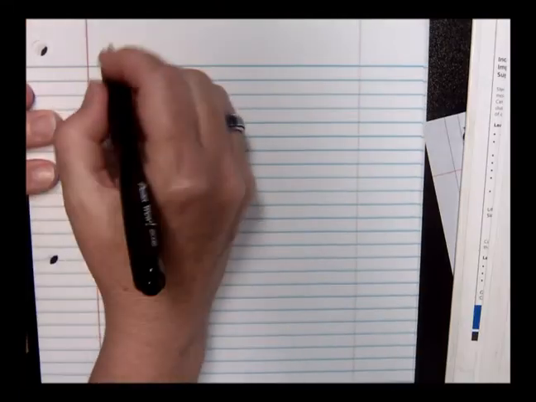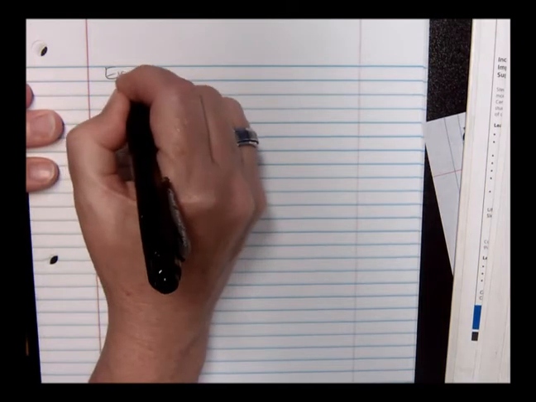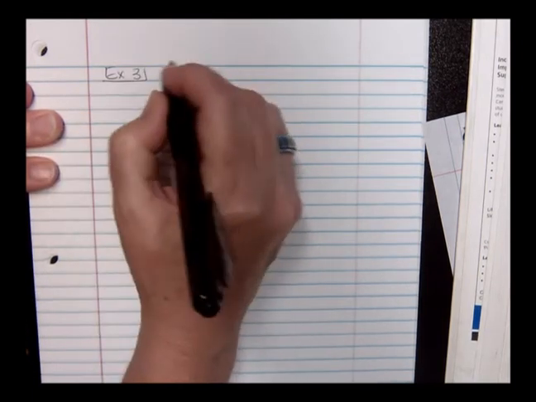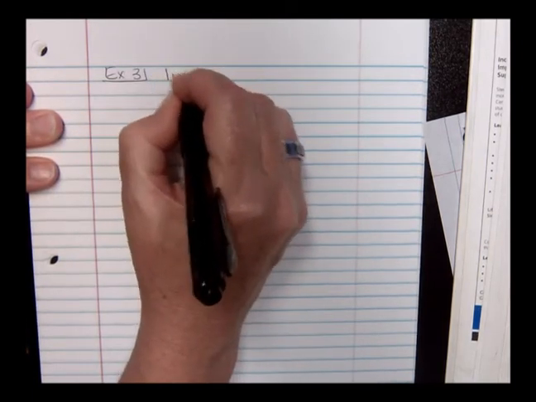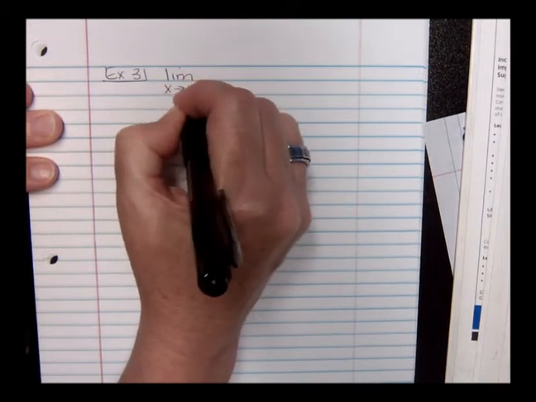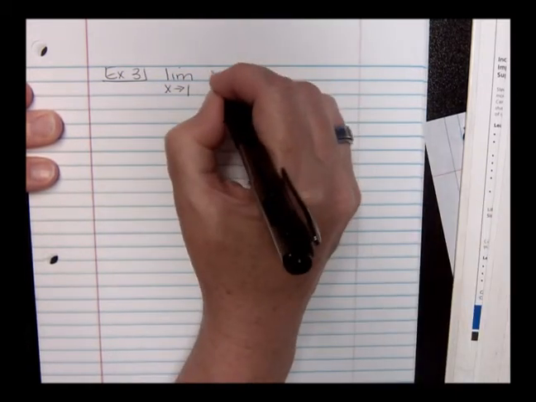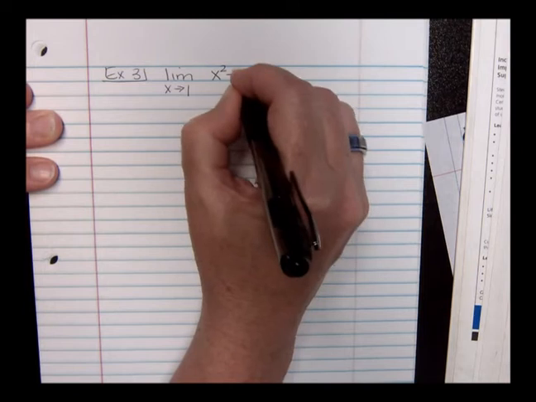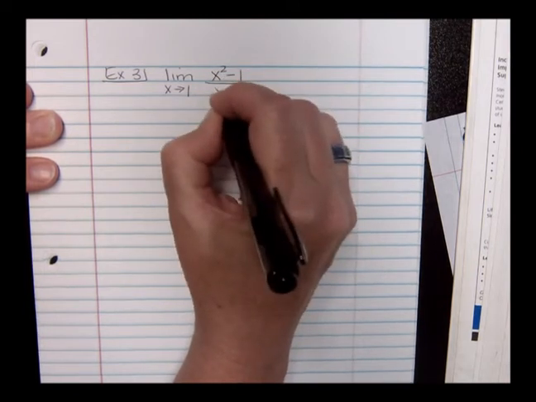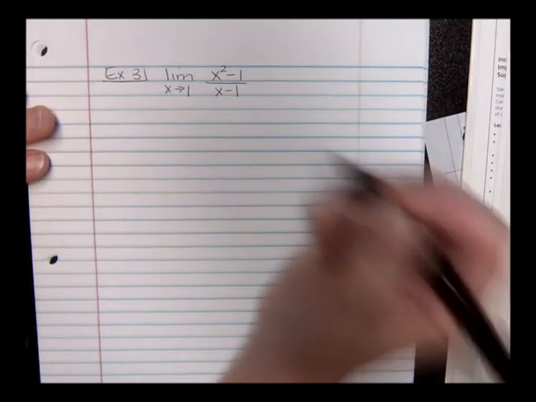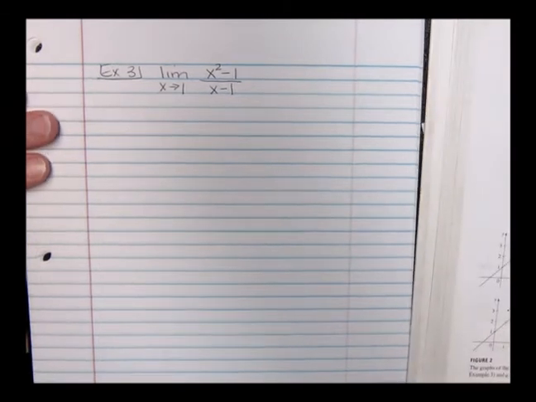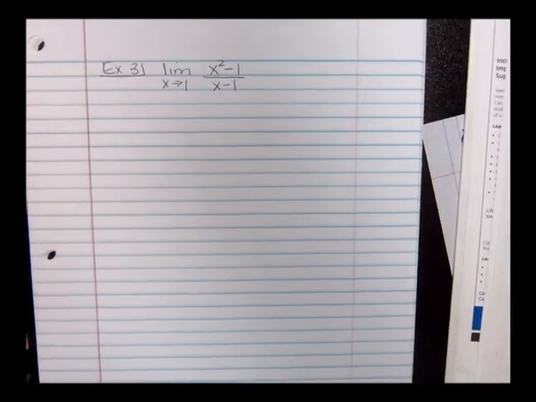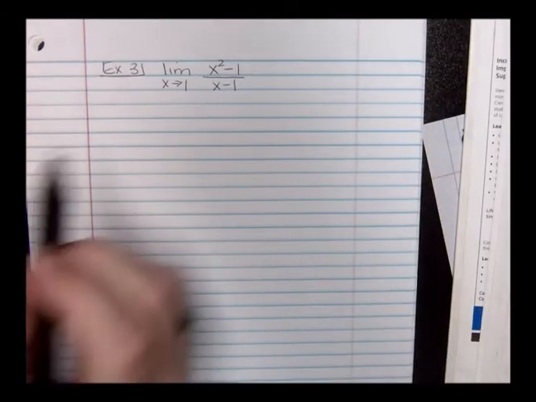Okay, example 3. We have the limit as x approaches 1 of x squared minus 1 all over x minus 1. Now, we take a look at this and we say, well, wait a minute. You said that you can plug 1 in for x.